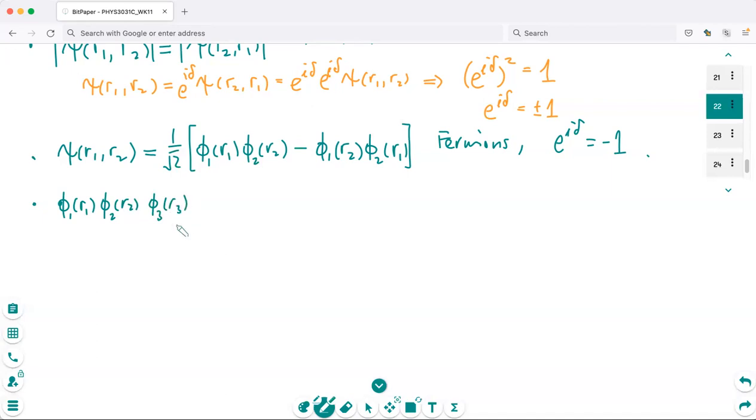Indistinguishable, so there must be other ways to put that, just like here, right? I can put phi1, the first particle, at R2 and the second particle at R1, right? And now how do I deal with this? So you should note that this is only one possibility.